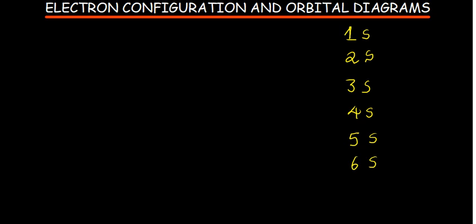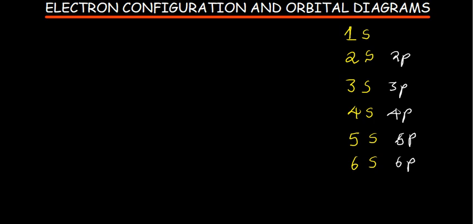After the s, you are going to have the p, but just know that the first energy level doesn't have any p orbital, so it only starts here. 2p, 3p, 4p, 5p, 6p.